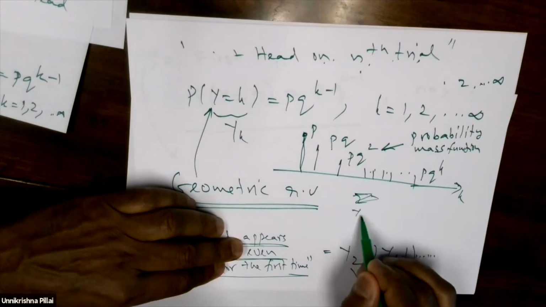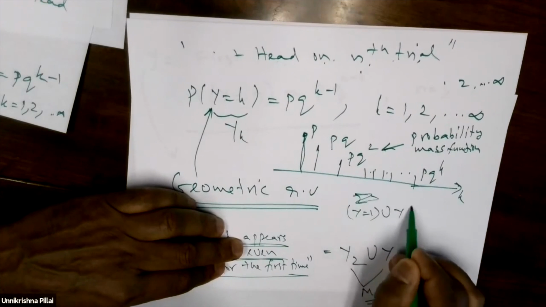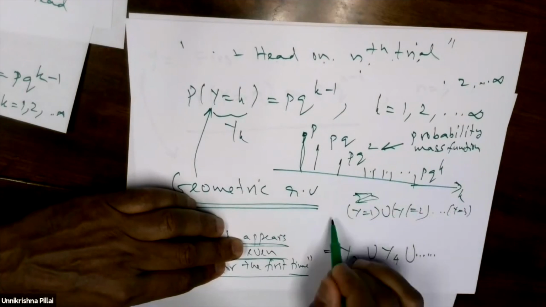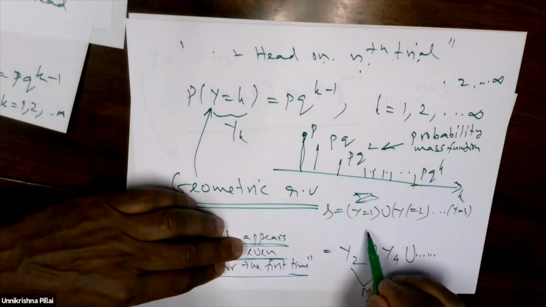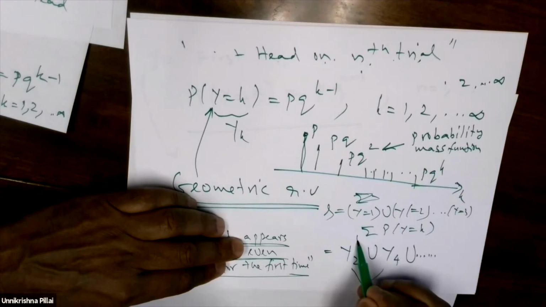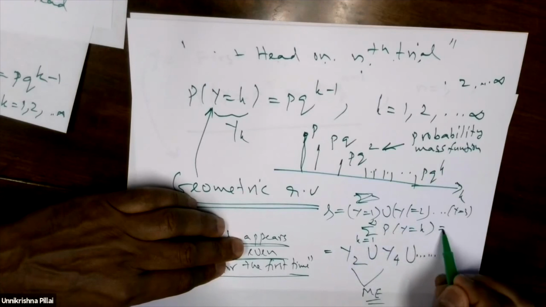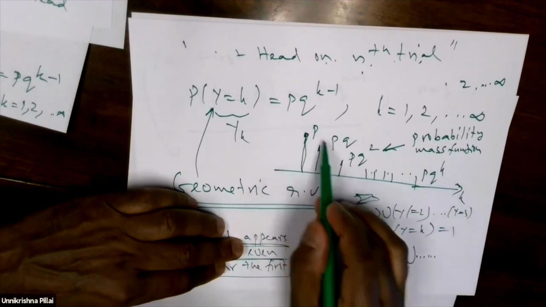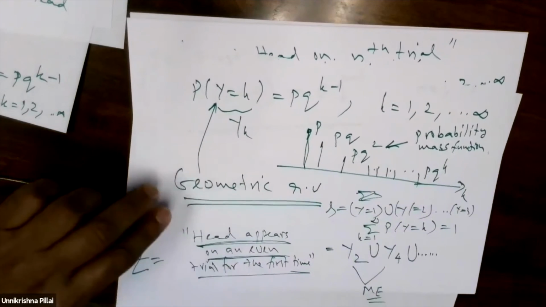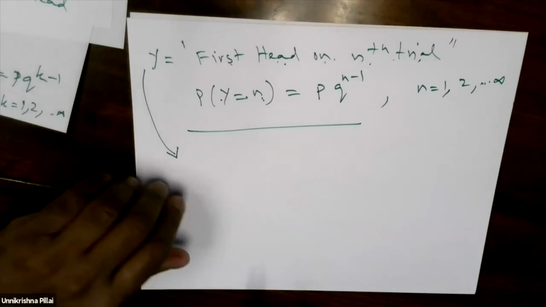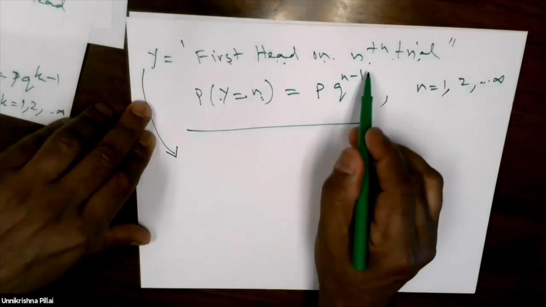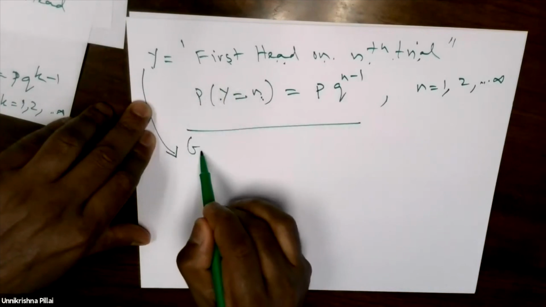Y equal to 1, or Y equal to 2, or Y equal to 3, etc. One of these has to happen, so this whole thing will be the whole event. I hope you see this, right? Probability of Y equal to k, k from 1 through infinity, is equal to 1. In other words, all these probabilities add up to 1. This is called a probability mass function, and it has the same property. I'm going to generalize that this is known as the geometric random variable.